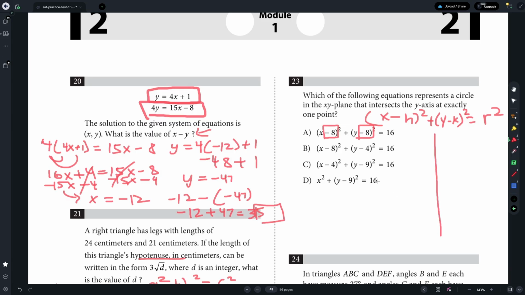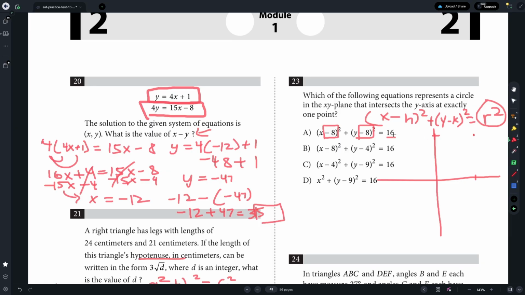Let's just create a makeshift graph here. If the center is, let's see, this is 8, this is 8. So this is the center. The radius of this equation is 4. Reason being, 16 is the radius squared.